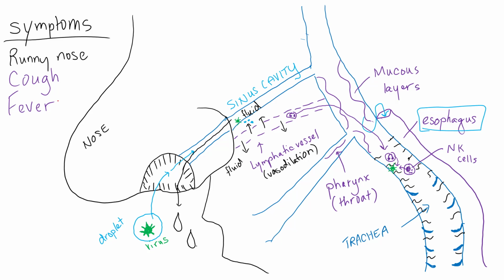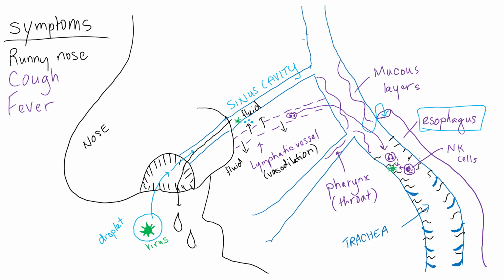What does that mean? It means that your second line of defense is probably doing the job. Those natural killer cells are wiping out cells in your trachea, taking out the virus, and that might just be enough to eliminate the viral particles from continued infection. So that could be the case.